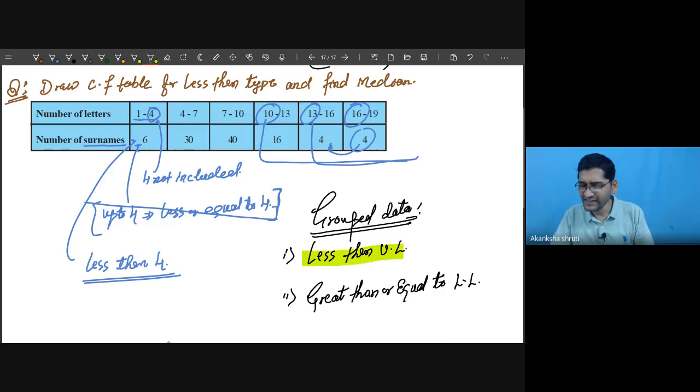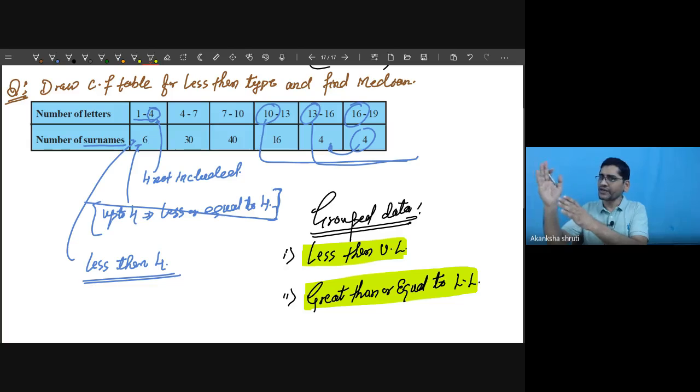Wherever lesser than, it is always the upper limit. Greater than or equal to, it is the lower limit. How to keep in mind? Wherever it is greater, you have to look for the lowest value. From the lowest value, you will write the greater of anything. That's why greater than, lower limit. Lesser than, anything must have the upper limit.